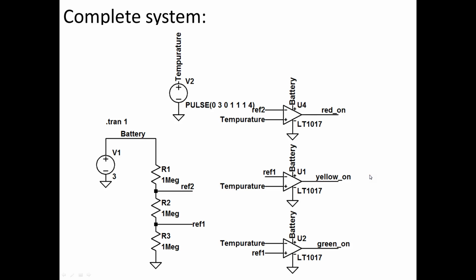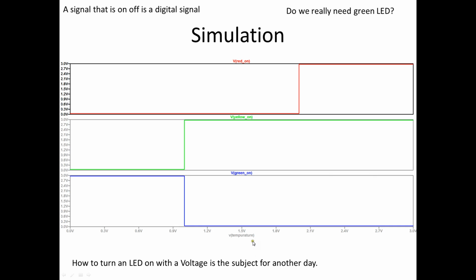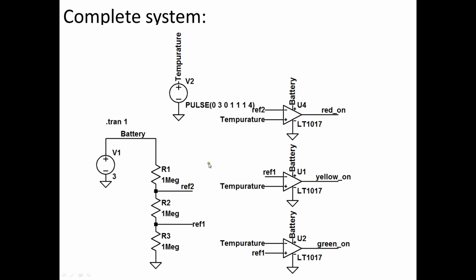Now, all we have to do now is look at a transient simulation. And instead of time on this axis, I've replaced it with the temperature. So this temperature right here, V temperature, is the temperature coming out of this sensor.